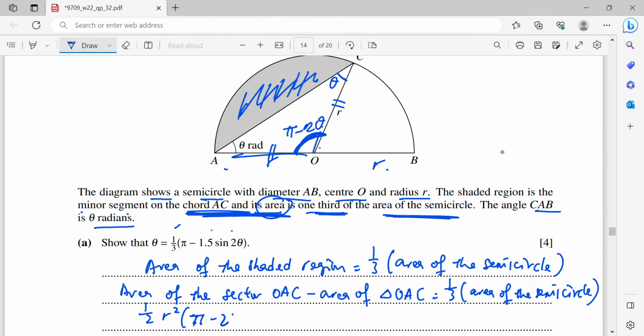That is the area of the sector OAC: half R squared times pi minus 2 theta. Then minus the area of triangle OAC, formula is half R squared sine of this angle, sine pi minus 2 theta. Then equals 1/3 the area of the semicircle. The semicircle is half of pi r squared.